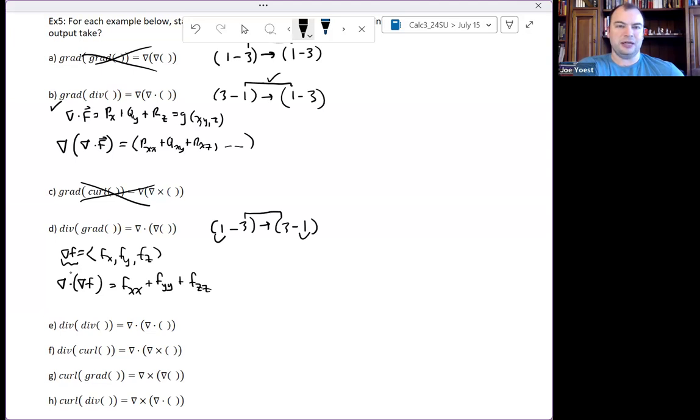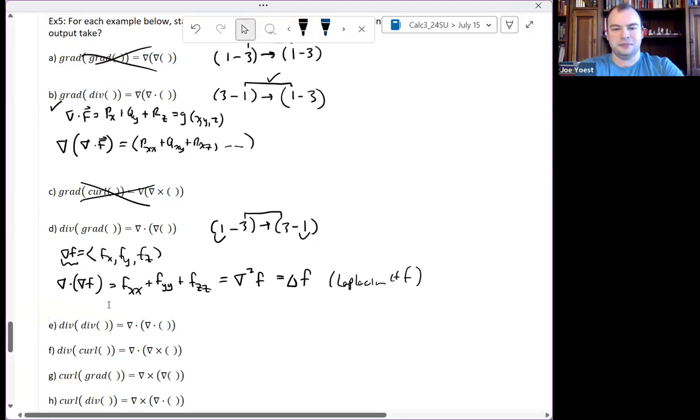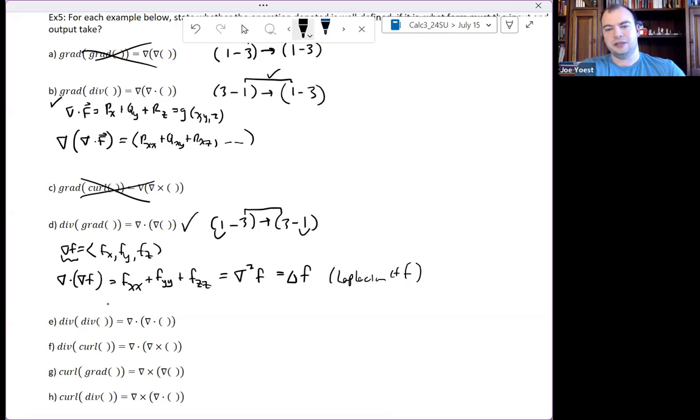This is actually a really nice and important function. This is called the Laplacian. Sometimes as a shorthand notation, we write grad squared little f for this, or more often we write delta little f. Sorry, there are so many triangles pointing different ways, but this is called the Laplacian of f. And it's an important idea in, say, partial differential equations and a lot of different areas. But this is a legitimate thing to do.